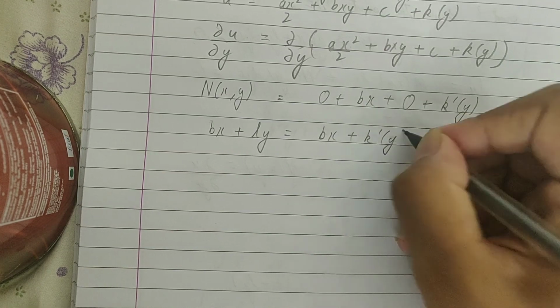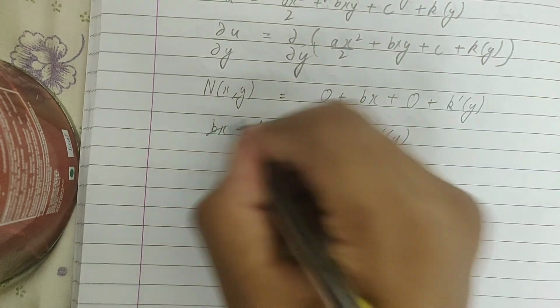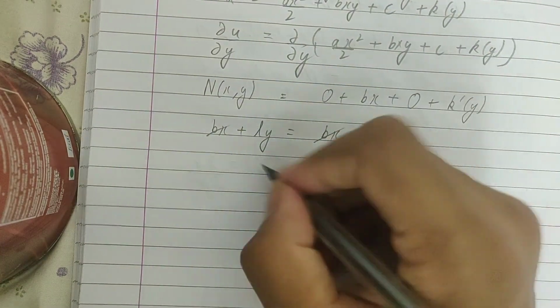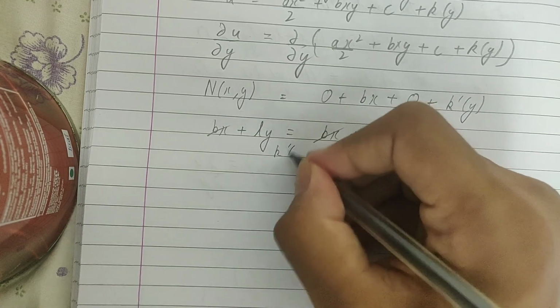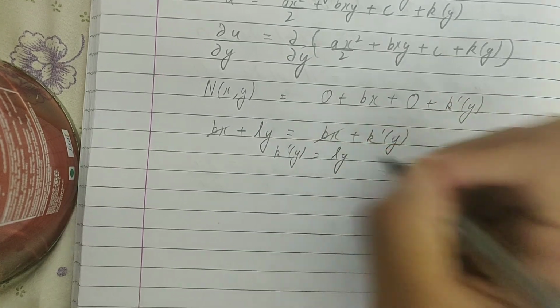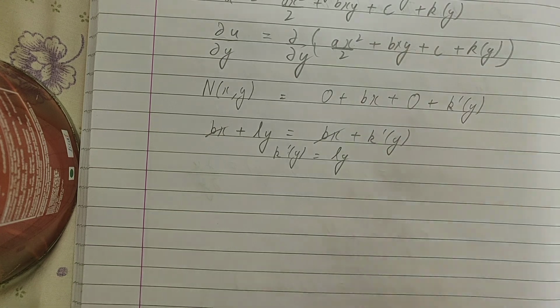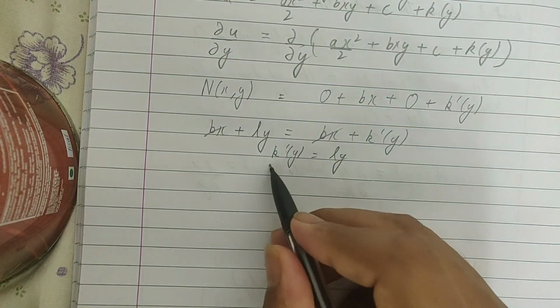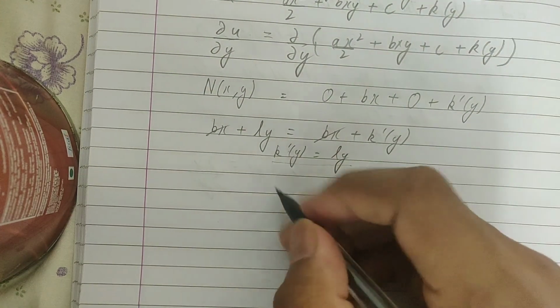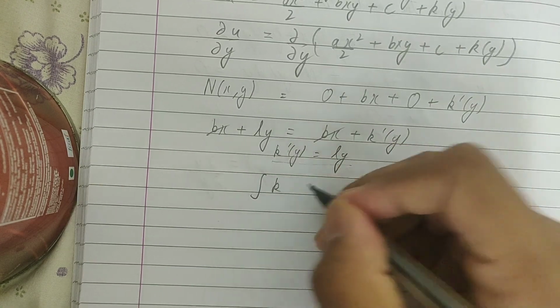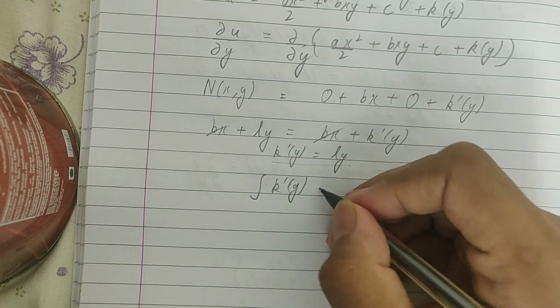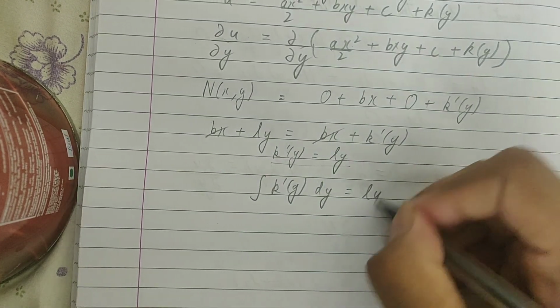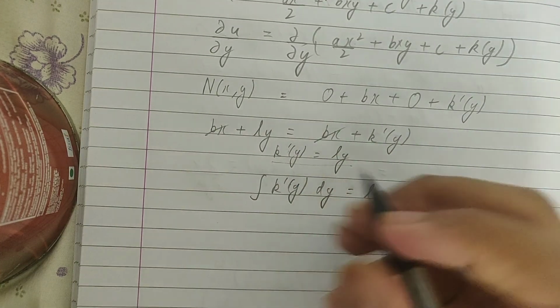So we are left with this. We'll cancel the bx on both sides, so as we can see, this is what we have here. Now we'll integrate with respect to y on both sides to get the value of k.